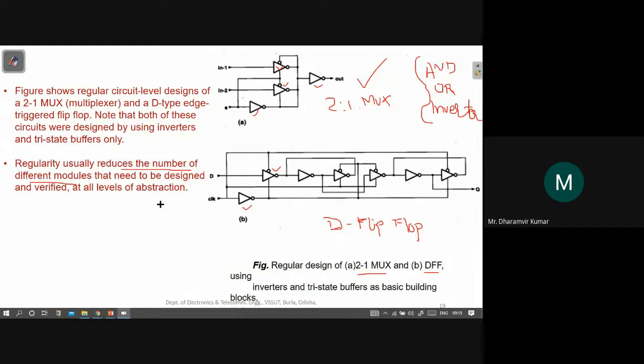We had already seen that it gives us this advantage in terms of reduction of the number of different modules, and it will ultimately save us the design time that is required for the complete circuit designing. So it will definitely help us from that perspective.